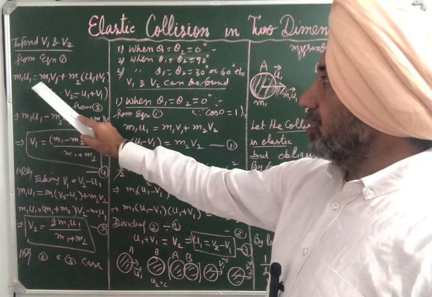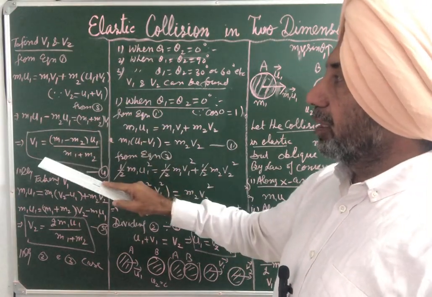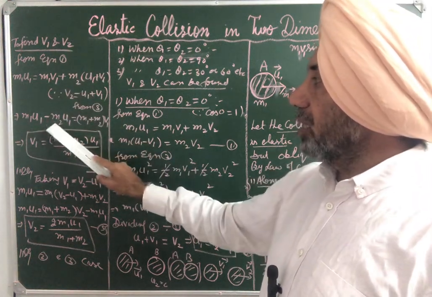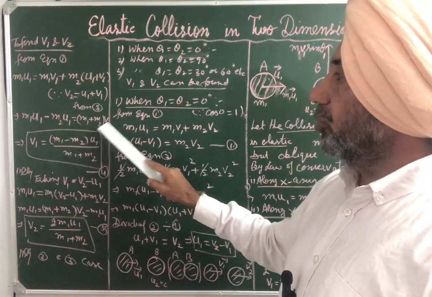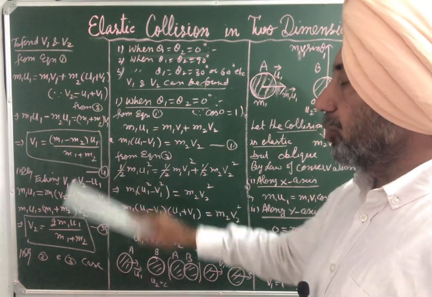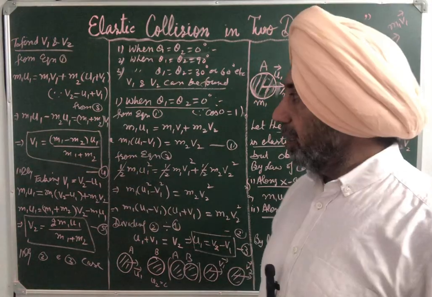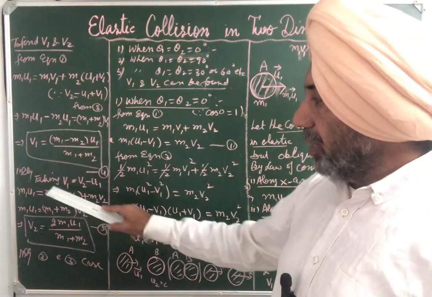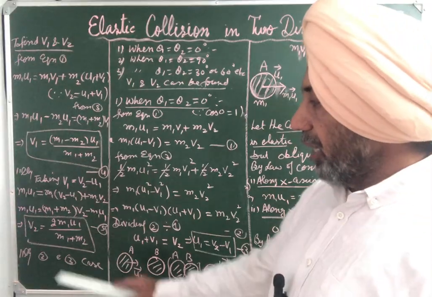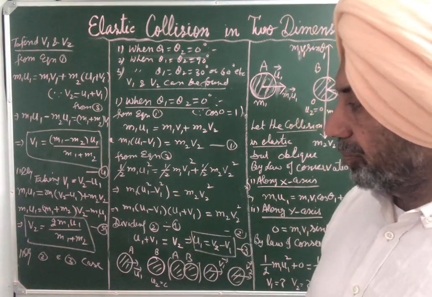So m1 u1 is equal to m1 v1 plus m2 into (u1 plus v1). Simplifying, m1 u1 minus m2 u1 is equal to (m1 plus m2) into v1, or v1 comes out to be (m1 minus m2) u1 upon (m1 plus m2), which is the required expression for velocity v1 of the first body after collision. Similarly, taking v1 is equal to v2 minus u1, we can find v2 is equal to 2 m1 u1 upon (m1 plus m2).